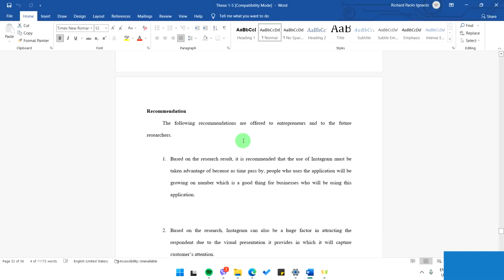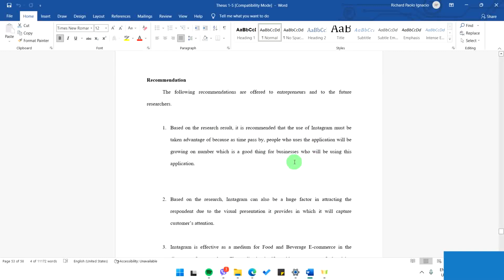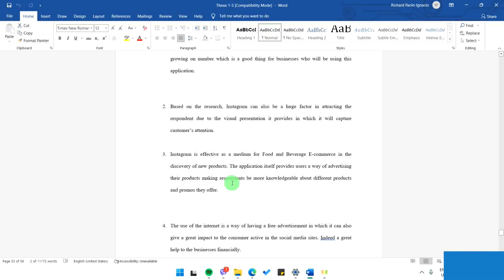Like say, for example, here we have the relationship of Instagram to the effectiveness of it as a platform for e-commerce. Meron kami mga recommendations dito for entrepreneurs who want to use Instagram in the future, and for the future researchers on what can they do to further improve the topic on hand.